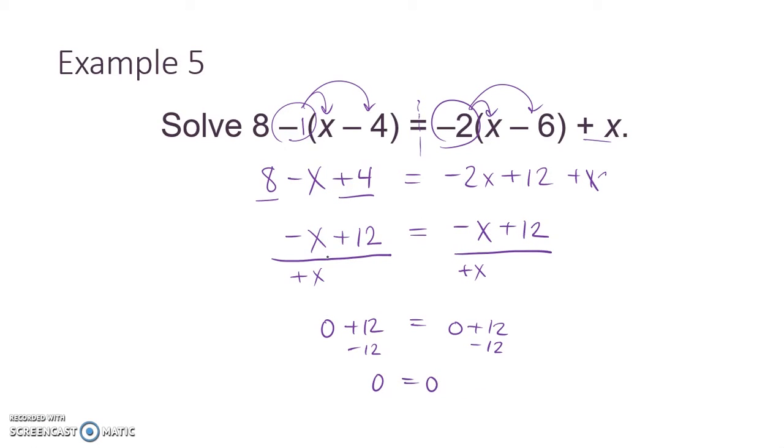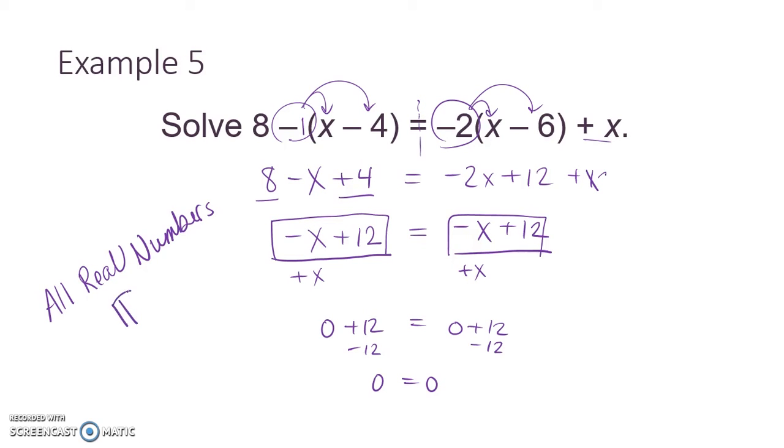It means that any value that I put in here, back up here at these original expressions, is going to be true. So in this case, the answer is actually all real numbers. Or we could say this. Remember when we did our number systems and all real values, it's kind of like this big bold R. So all real numbers is our solution.